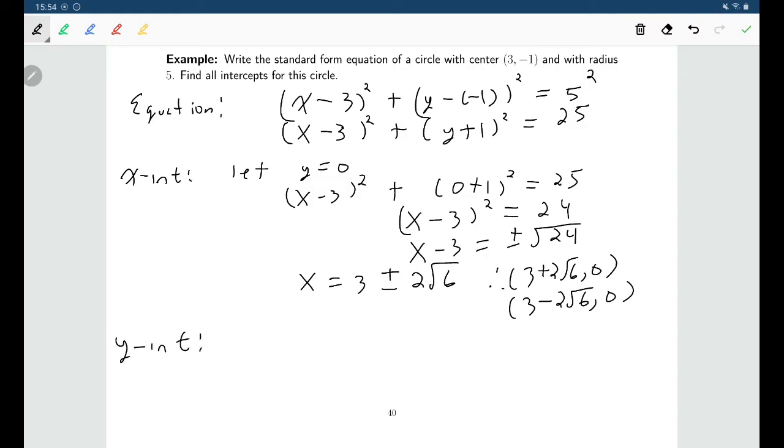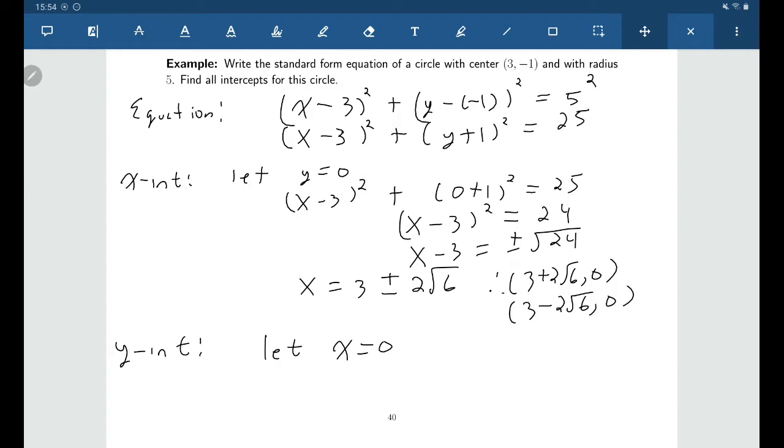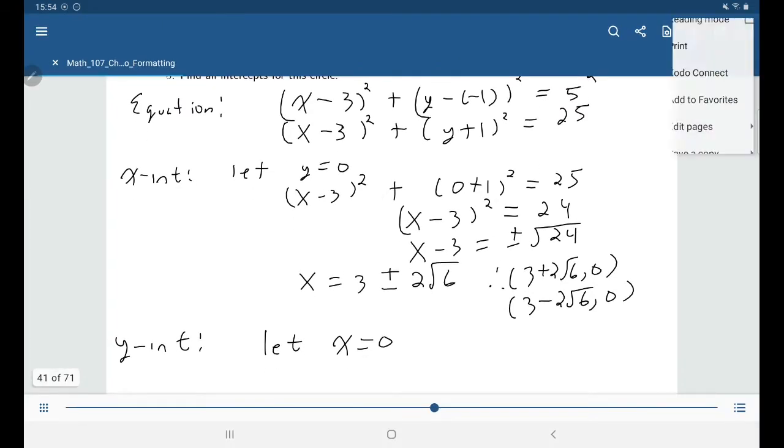And for our y-intercepts, we're going to be doing much the same thing. We're going to be letting x be equal to 0, and then we're going to solve to find y.